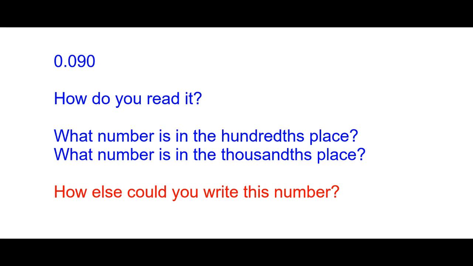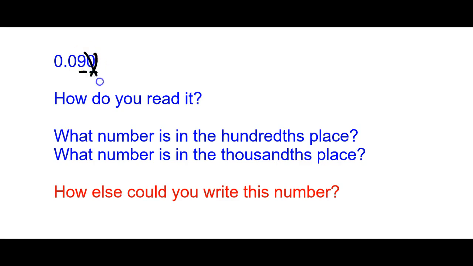Okay, our last thing here is this number that's at the top. How would we read this number? Well, we would read this number as 90 thousandths. The number that's in the hundredths place is the 9, and the number in the thousandths place is the 0. Now, we've talked about annexing zeros, and having a 0 at the end of the number is one that you can have there or you can take it away.